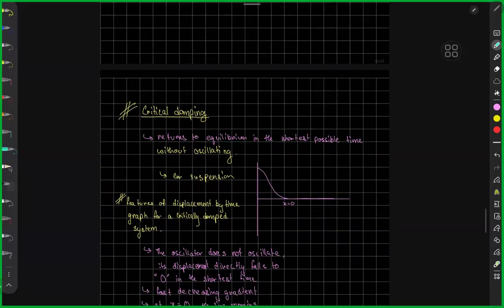Let's say you have a car suspension and you went over a bit of obstruction on the road, and you don't want your car to keep oscillating up and down. You want it to immediately come to a stop. You don't want your car jumping around as you move along the highway, right? So in such cases, you want the brakes to be geared in such a way that when the obstruction is hit and the system is moved beyond the equilibrium position, it will, not eventually, very fast come to a steady position, the equilibrium position for the car.